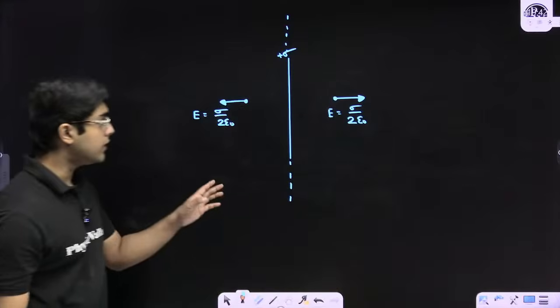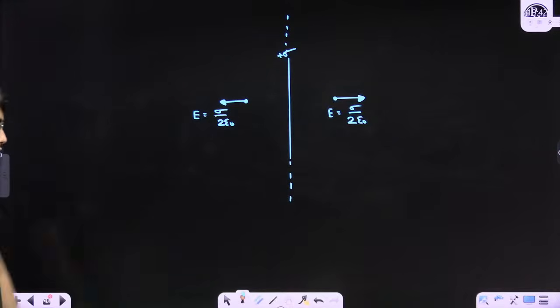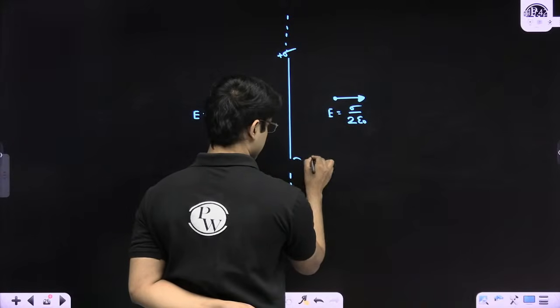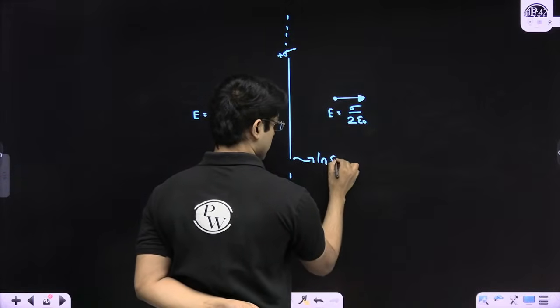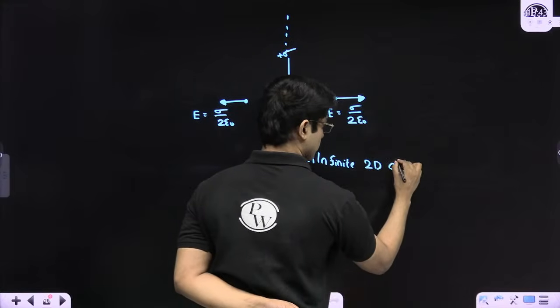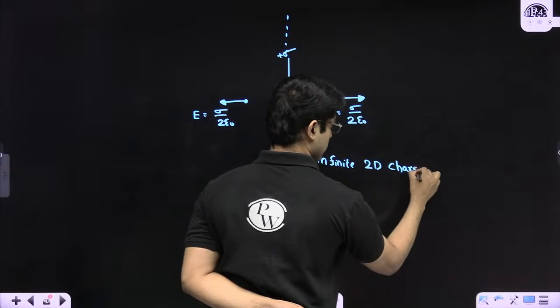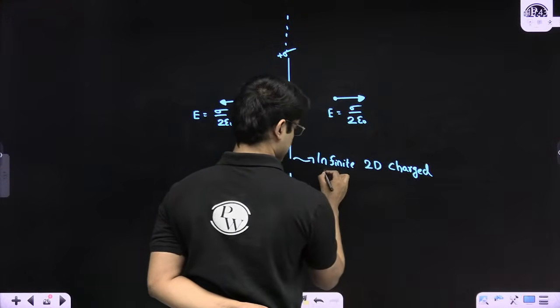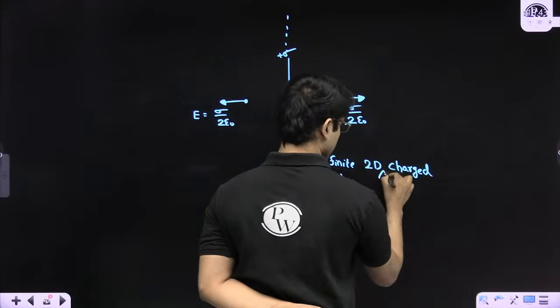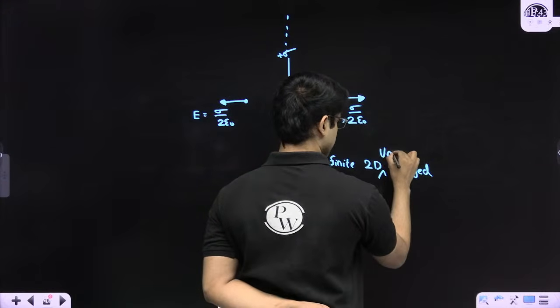So this is the field due to an infinite two-dimensional sheet. It should also be uniformly charged.